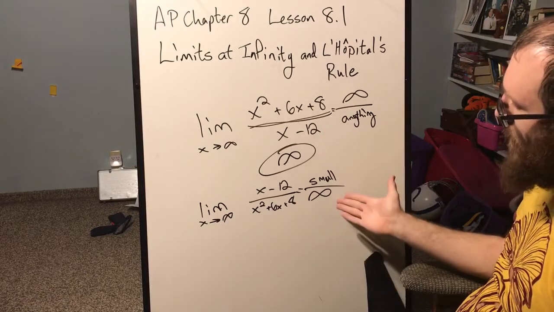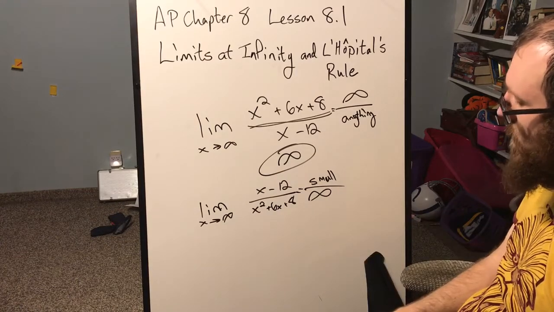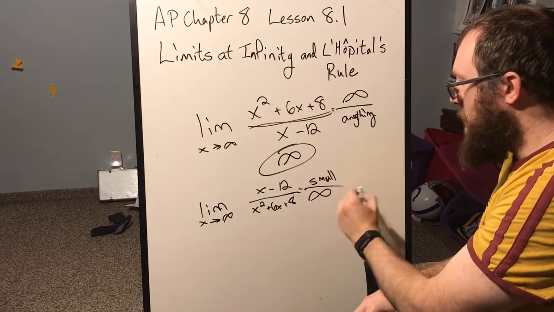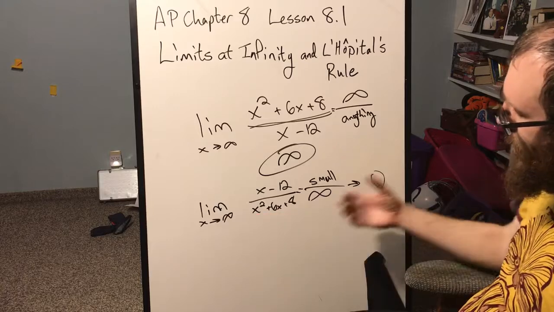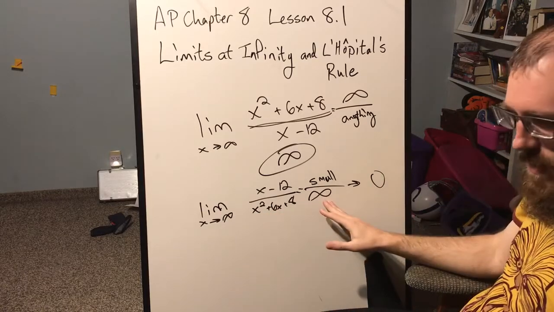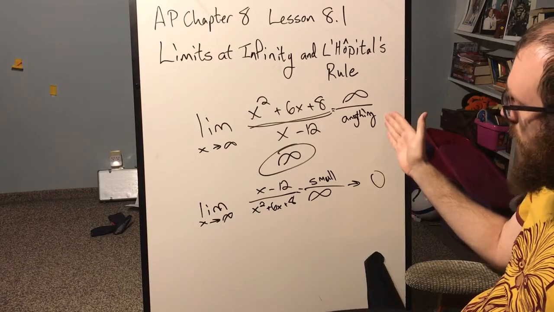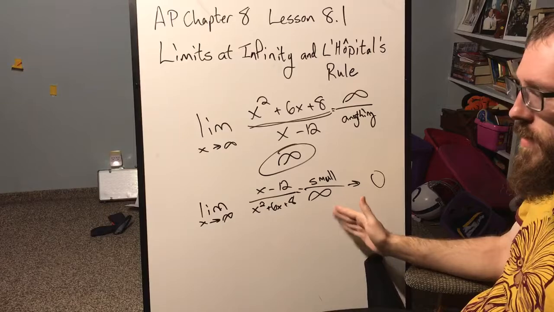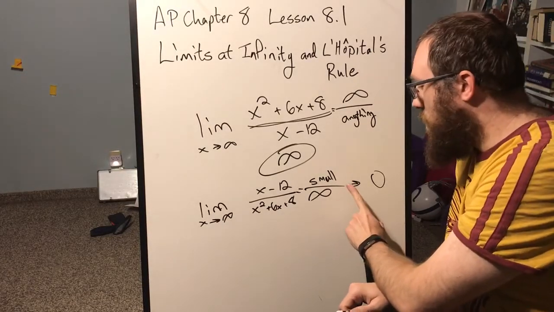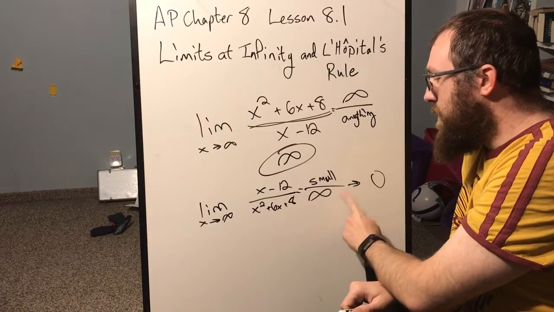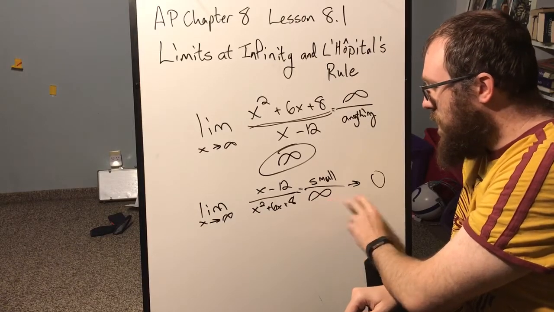If I have an infinitely large number in the denominator and a small number in the numerator, that tells me this is headed towards 0. As this pulls further and further out, because my denominator is getting huge, instead of having a billion over 100, I have 100 over a billion. Well, that is epically small, but epically small not toward negative infinity, but epically small towards 0. If your denominator is winning, you're headed towards 0.